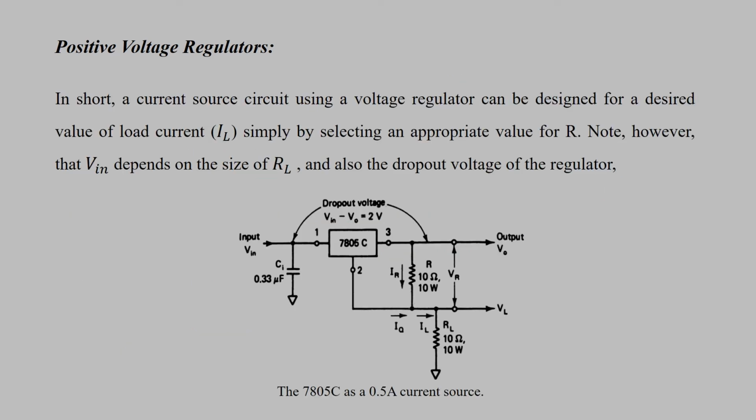So a current source circuit using a voltage regulator can be designed for a desired value of load current simply by selecting the appropriate value of R. However, Vin depends upon the size of RL and also the dropout voltage of the regulator.